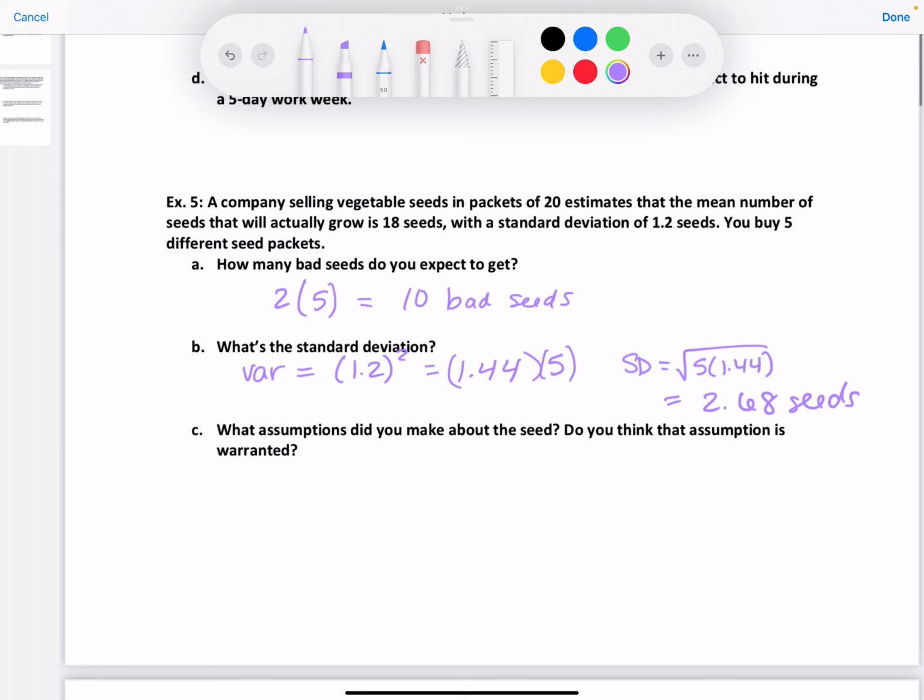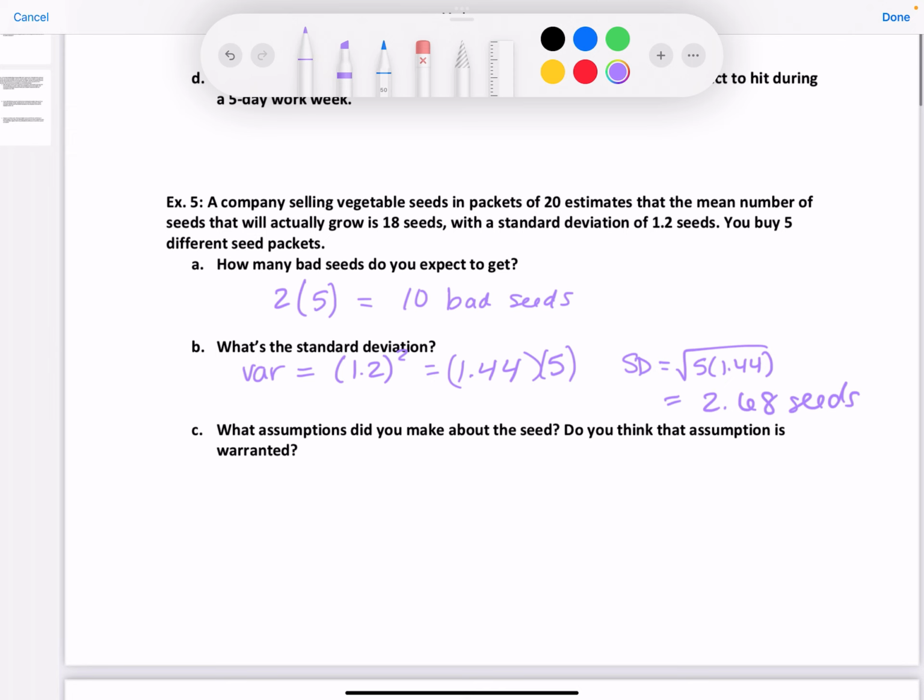I would think that the seed was good to buy. That's only 2 bad seeds. So, are they independent of each other? You could just say that. Well, no, that's like the answer.